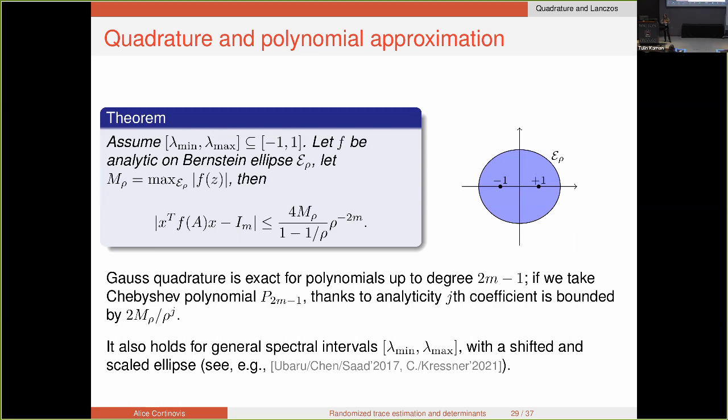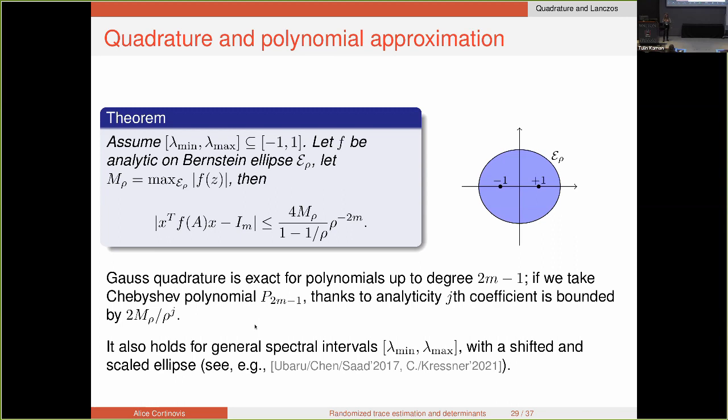So if you know a good polynomial that approximates your function, then you can obtain a bound for the quantity x transpose f(A) x minus the approximation of the integral. If your function is analytic in a suitable region of the complex plane, you can use Chebyshev polynomials and bound their coefficients.